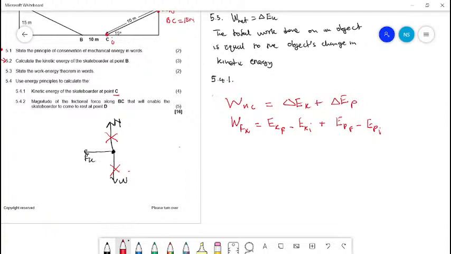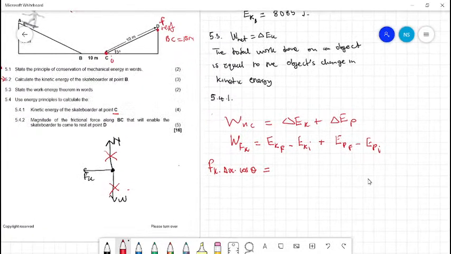But the problem that we have now is that we haven't produced the variable that they want. The variable that they want is f of k. So we have to expand W f of k to give us f of k times change in x cos of theta equals the EK final.